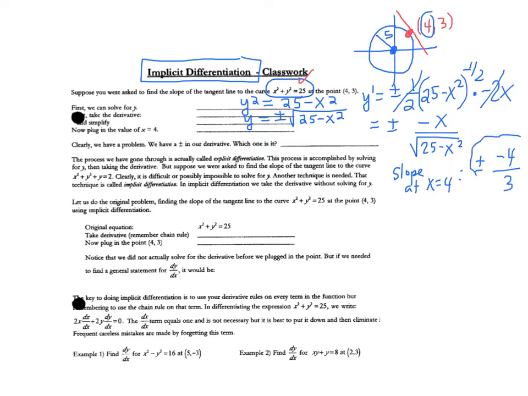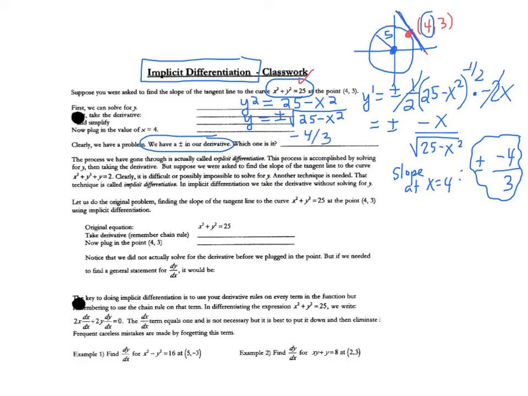So the problem with this is we have more than one answer. We have a plus or minus in our derivative. Which one is it? From our graph, the tangent at (4, 3) has to have a negative slope. So in this case, we know it's going to be negative 4 over 3 for our slope.